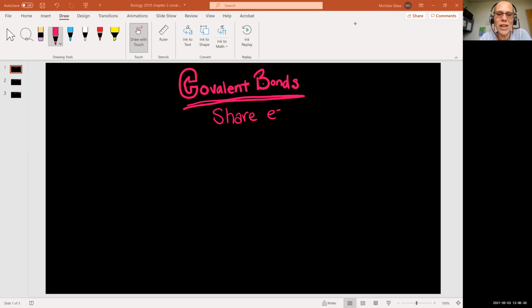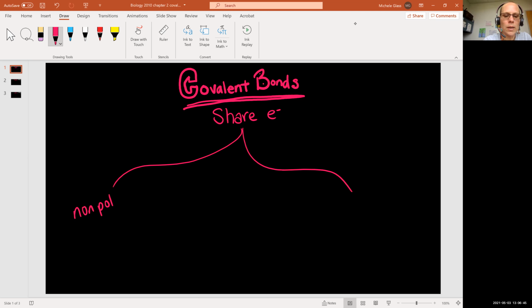Now, when we share stuff, we can share stuff equally or unequally. And so our covalent bonds, we have two categories. We have what's called the nonpolar covalent bond, and then we have what's called the polar covalent bond. And I like to describe my nonpolar as like an equal share, and I like to think about my polar as an unequal share.